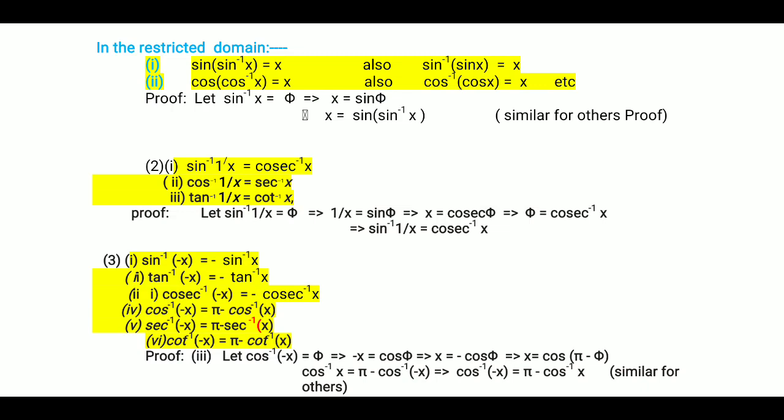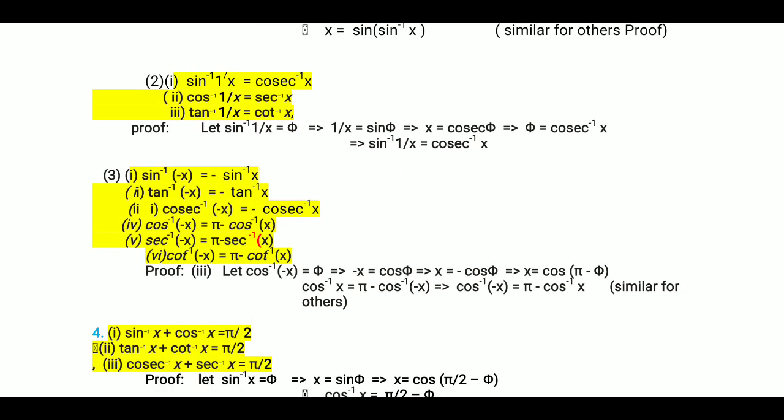Cos inverse (minus x) is equal to pi minus cos inverse x. Sec inverse (minus x) is equal to pi minus sec inverse x. And cot inverse (minus x) is equal to pi minus cot inverse x. We can prove any one of these.